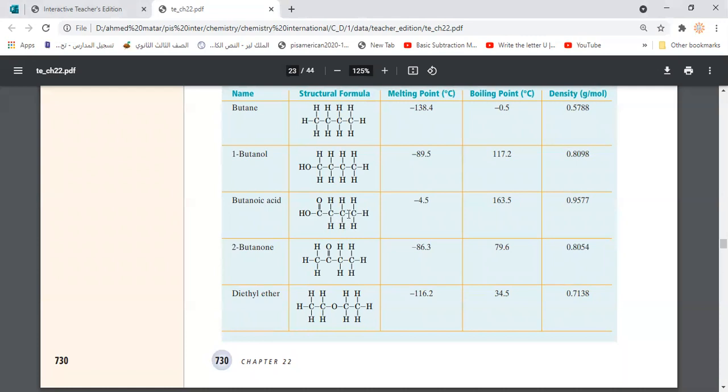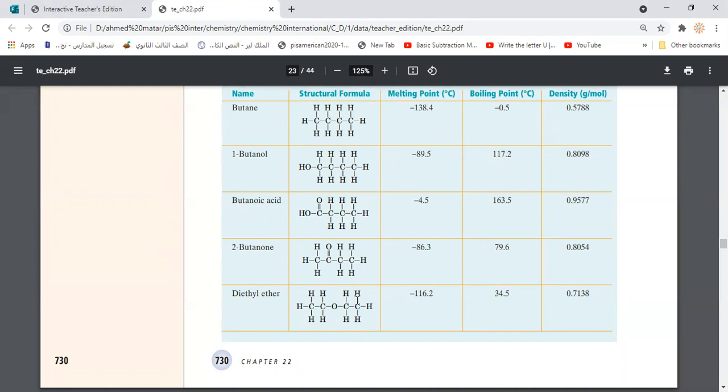Here also, let's look at this one. For example, here we replace the three hydrogens on the fourth carbon by COOH. So COOH is another functional group, which is the carboxyl group. It's the group of acids. Here we also find a dramatic change in the physical properties.